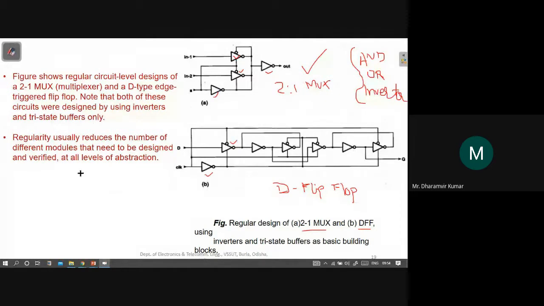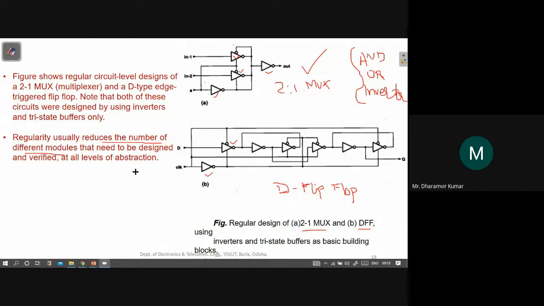So this regularity usually reduces the number of different modules that need to be designed and verified at all levels of abstraction.